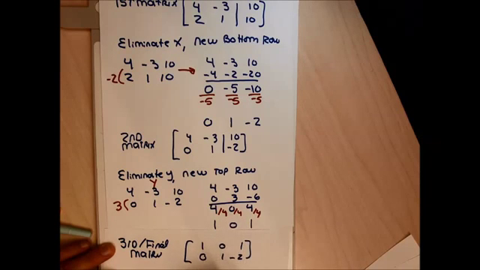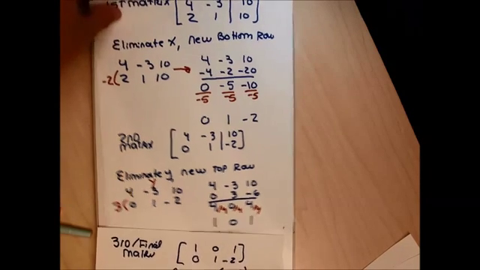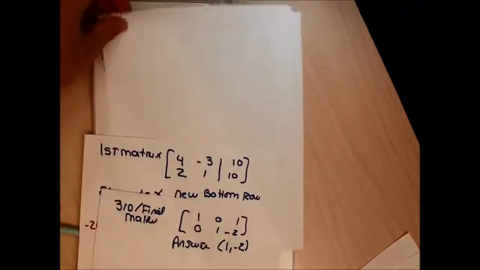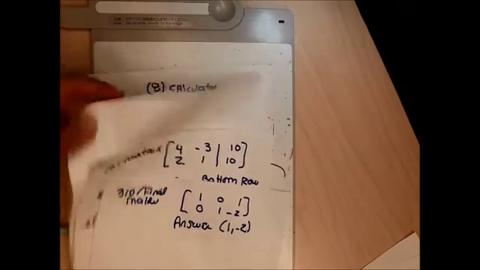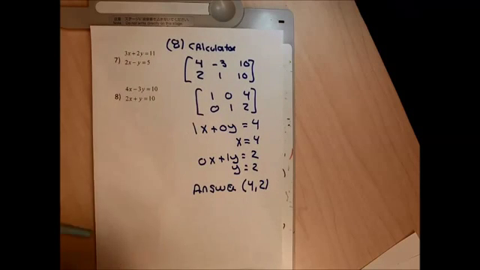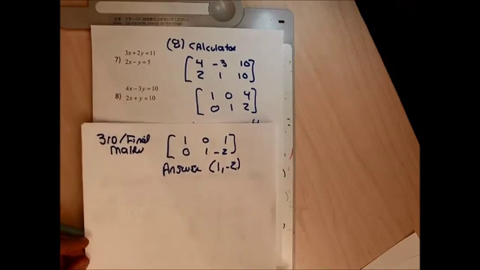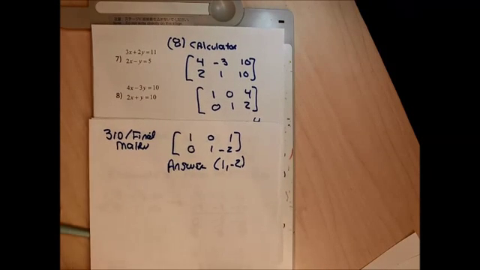So my answer that I already generated when I did the calculator work is going to be x equal 1, y equal negative 2. Let me just peek back here and make sure when I actually did that by hand. Look at that, I got 4 and 2 for an answer. Ugh, what did I do wrong?